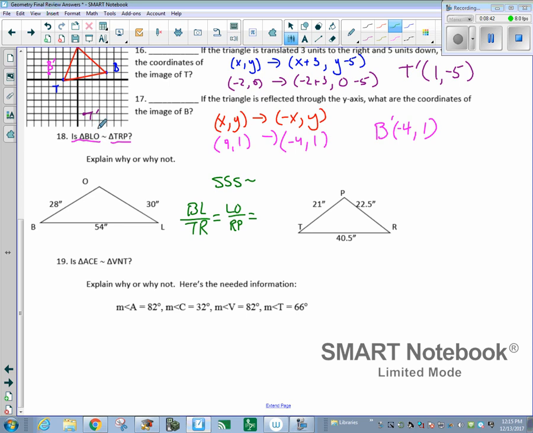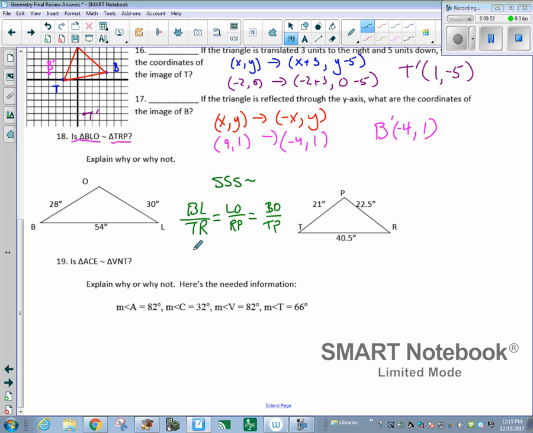And then the last one, we have to check all the sides for side-side-side. This is a pair of sides, this is a pair of sides, and the third pair of sides would be BO divided by TP. And if all 3 sides have the same ratio, then these triangles are similar by side-side-side similarity. So let's check it out.